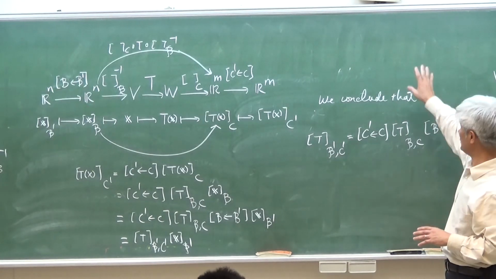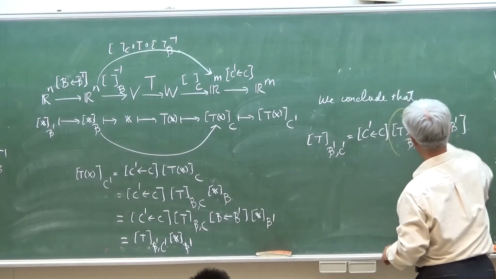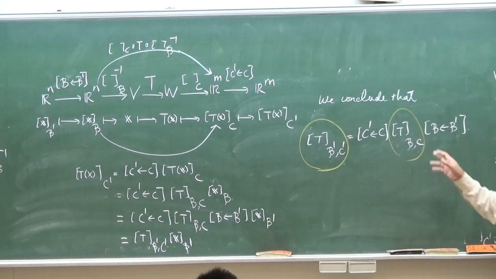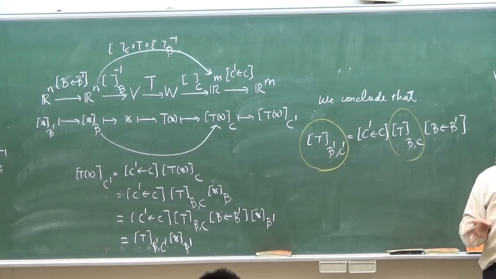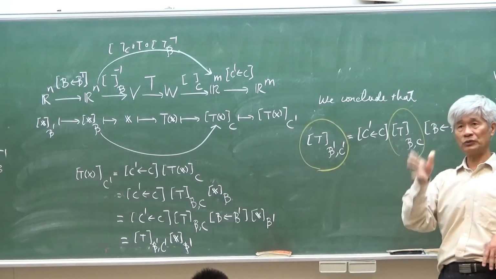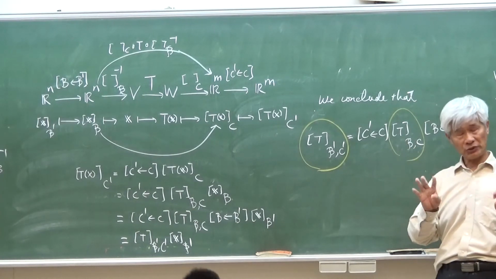Because our question is, I want to know the relation between this one and this one, right? I want to know what is the relation between these two different matrix representations. Because for the same linear transformation T from V to W, we have many different matrix representations.